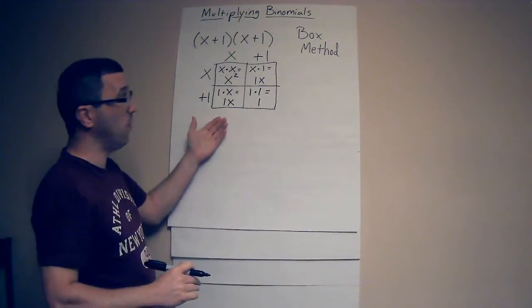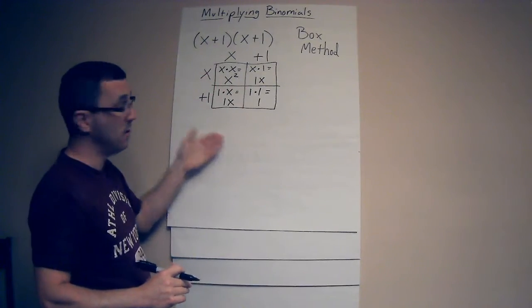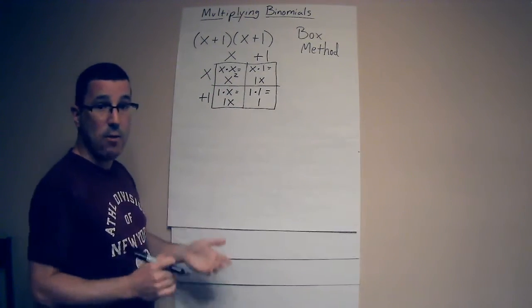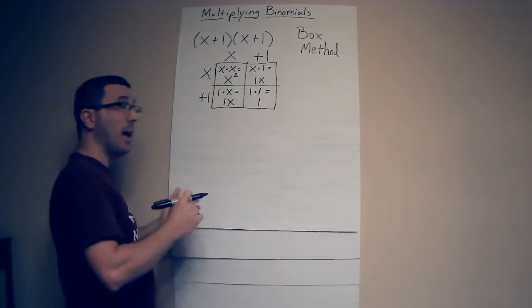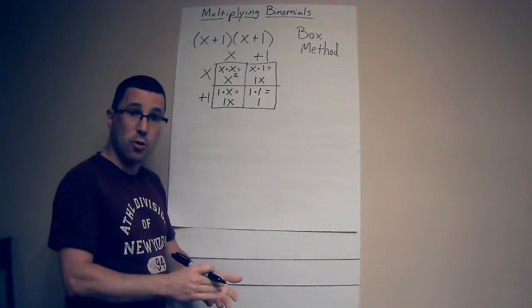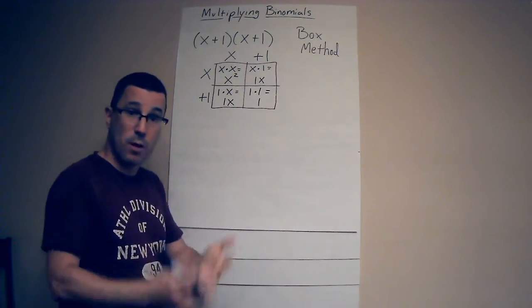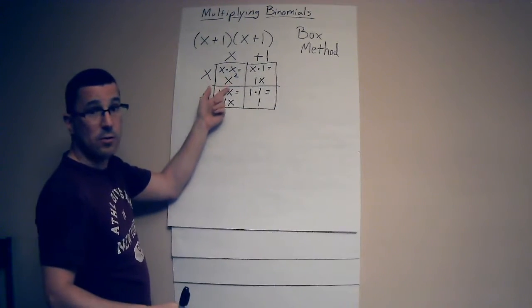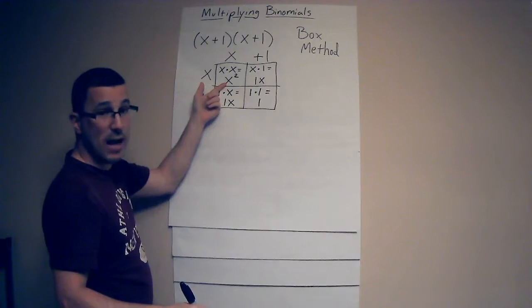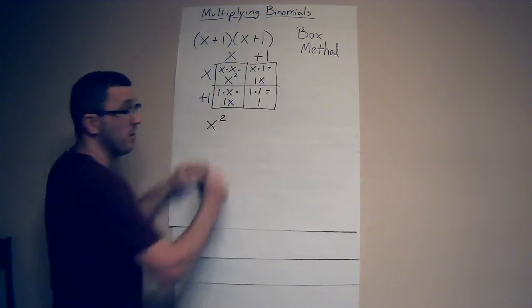So now what I'm going to do is I'm going to write each of these boxes, each term that I now have because of these boxes, I'm going to write them next to each other. And if I have a positive term, I'm going to write a plus. If I have a negative term, I'm going to write a minus. So the first one doesn't matter unless it's a negative. But here I have x squared, so I write down x squared.